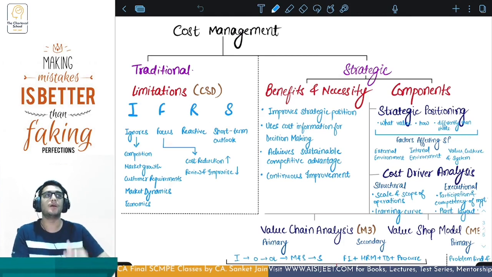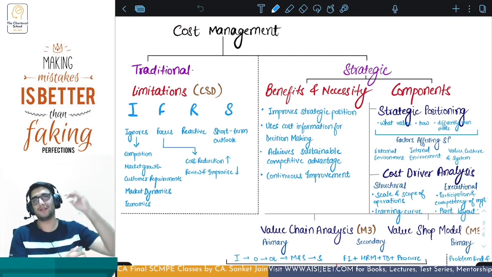It wants to be the number one company as far as the customers are concerned. The company would want that the customers prefer this company over any other competitors. So that is the improvement of strategic position. If you want to be at the top, that is improvement in strategic position.